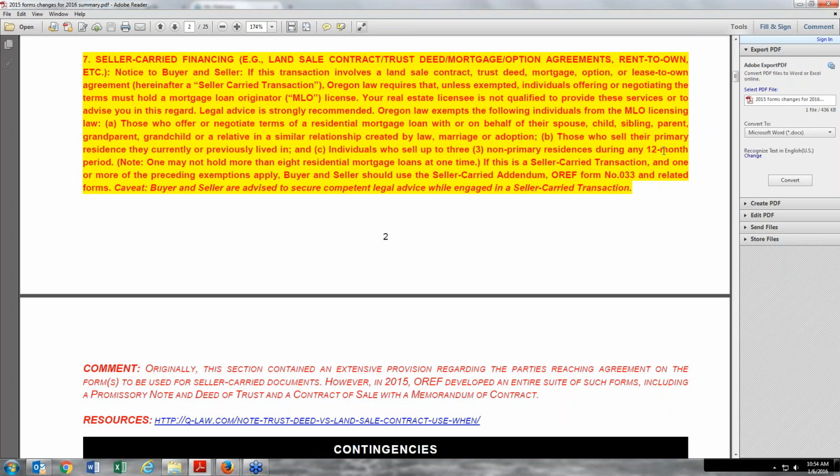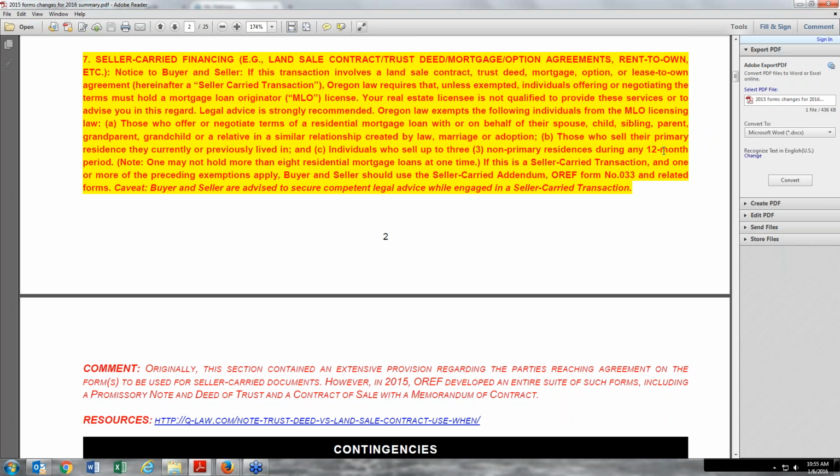This is what I call collateral damage, because I don't think mom and pop were responsible for bringing down the financial institutions. I think it was the big banks and not mom and pop. Regardless, they've been caught up in this, and so what we have to concern ourselves with is whether or not the seller engaging in these seller-carried transactions is subject to the MLO licensing law, the mortgage loan origination law, that says that you can't do it unless you have a license.